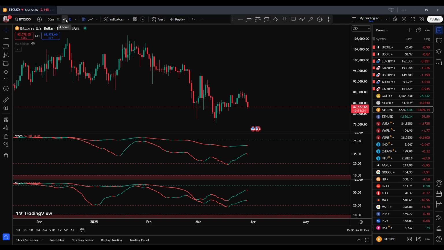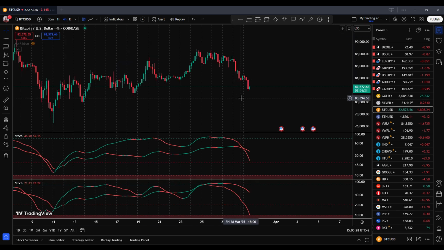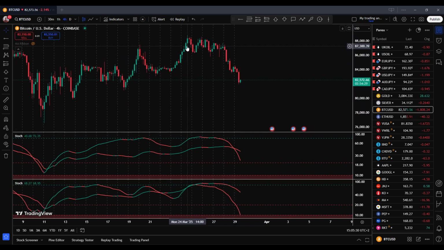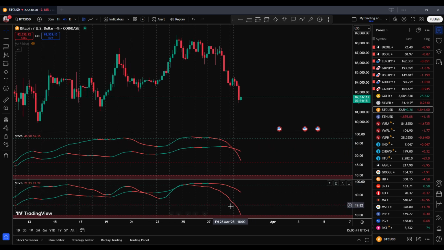Bitcoin is the next. 4-hour. We have a little downtrend from the 4-hour. You can see one of the stochastics already crossed this 20 line, which indicates that maybe we can wait for buys, but still these three are not in this zone.